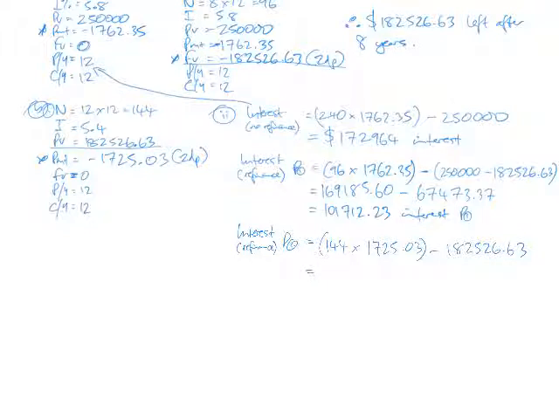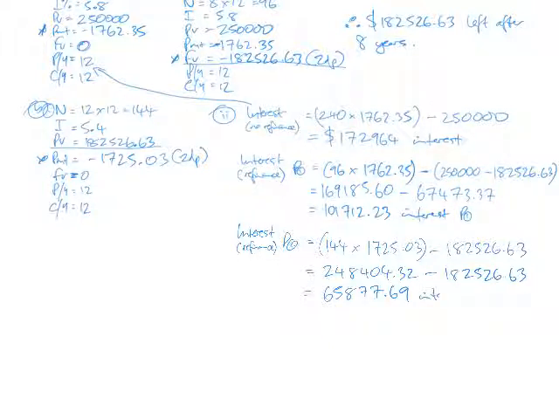So 144 times the 1725.03 payments. In the last 12 years, you paid $248,404.32 to pay off the remainder of the loan, which is $182,526.63. $65,877.69.